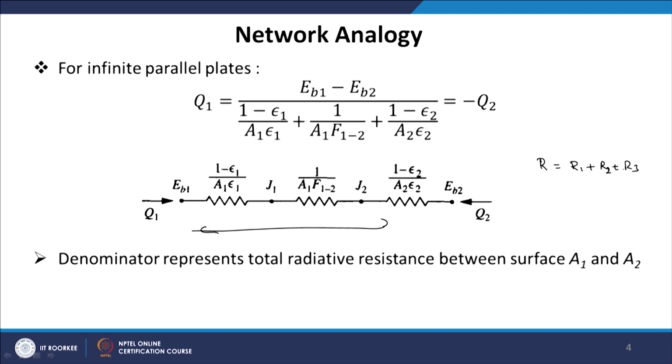The total potential difference between the two ends is EB1 minus EB2, and the radiative heat transfer Q1 at this end is simply the potential difference EB1 minus EB2 divided by the total resistance. At the other end it will be the same because it is the same network, no parallel connection. So, we have Q1 is equal to minus Q2. This is how we can apply the method of electric network to solve simple problems.